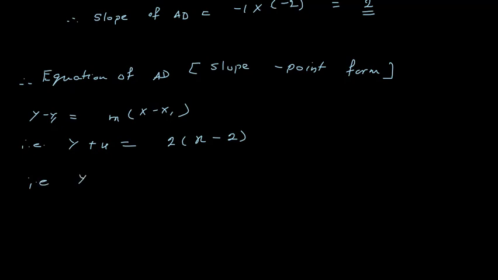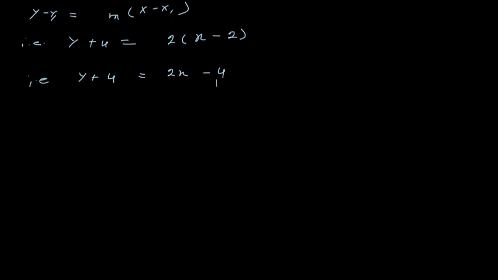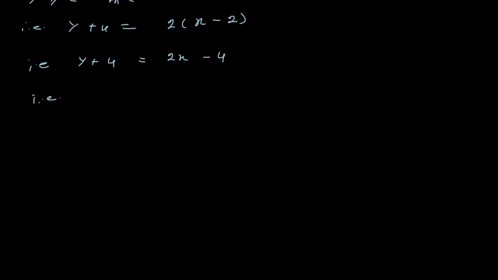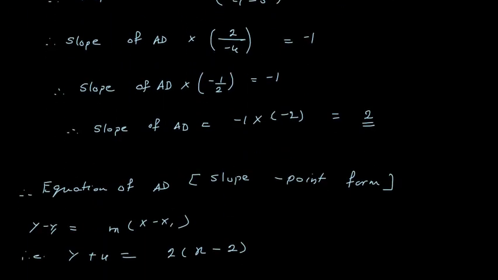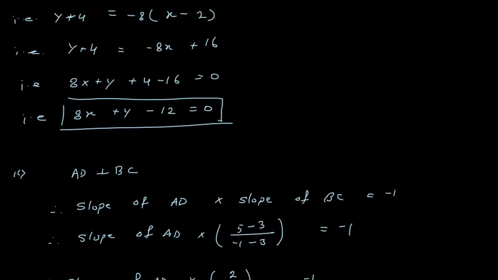So that is, you can say that y plus 4 is equals to 2x minus 4. So here you have 2x minus y minus 4 minus 4, that will be minus 8 is equals to 0. 2x minus y minus 8 is equals to 0 is the required equation. Okay, so this is our required equation. This is question number 16.